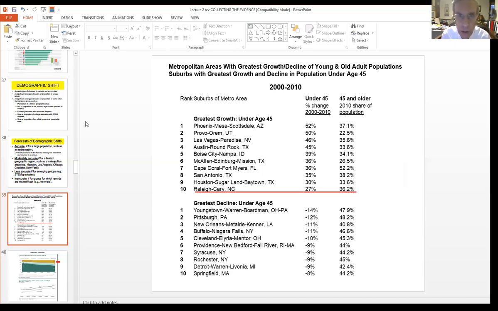The job you've got is the job you want, and you don't want to go anywhere. And then you retire and you stay there. Some people make enough money to migrate to Florida, and you can see the number 7 in the growth area, Cape Coral, Florida. You've got a 52% growth in people over 45 years old. But generally speaking, the folks who retire in the Rust Belt stay there.